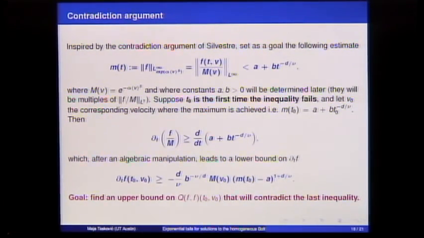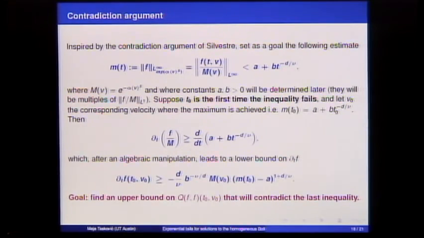Good? Now assume that this inequality doesn't hold for all times, and let t naught be the first time where this fails, which means where there is equality. That means the derivative of the difference is positive, and with some algebraic manipulation you get a lower bound on the derivative of f.